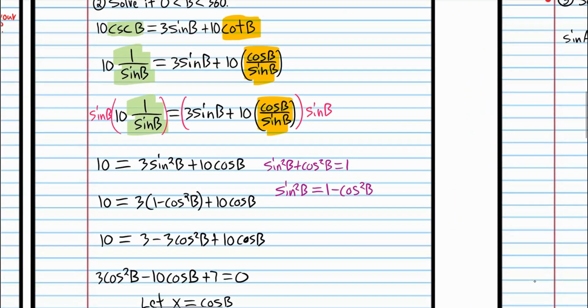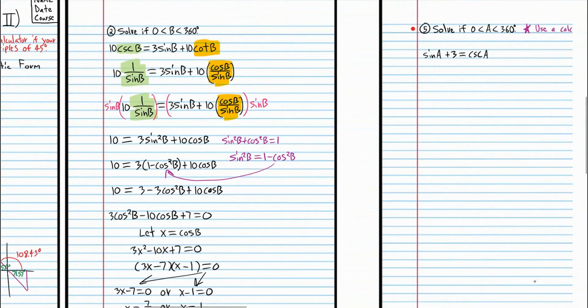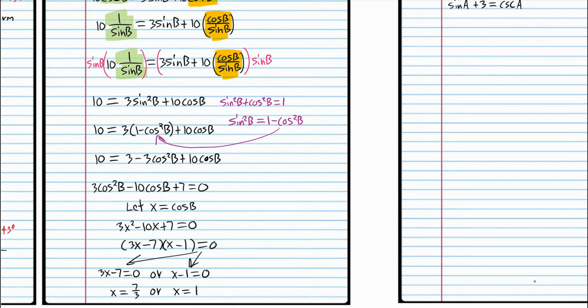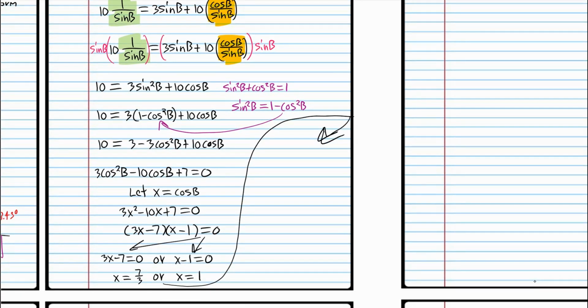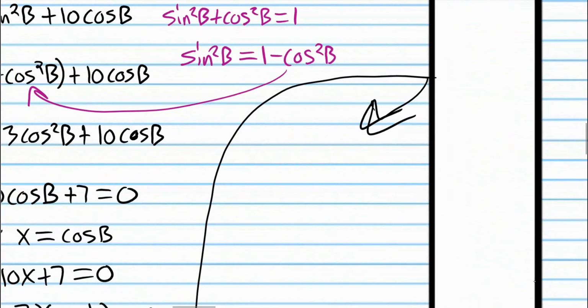So we need to go back to cosine b. So x is equal to, we can use an arrow because we're out of room, x is equal to 7/3, which means that cosine b is equal to 7/3.